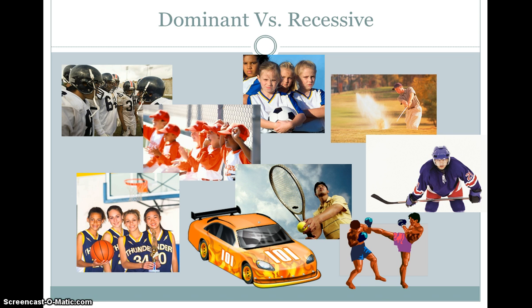So when you hear that a sports team or an individual is a dominant team or the dominant player, what do you think of? Well, I tend to think of the team or the person that wins the most. And that's exactly what a dominant allele is. Whenever the recessive allele is there with the dominant allele, the dominant allele wins. That's the trait we see.